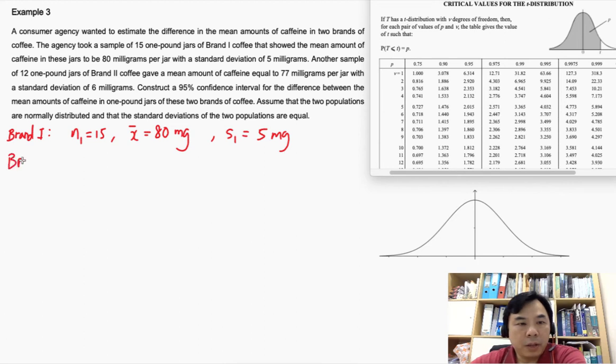Now for brand number 2, we have a sample size of 12. This is 1, this is 2 here. It has an average of 80. Is it 80? Let me see. Equal to, sorry, 77.